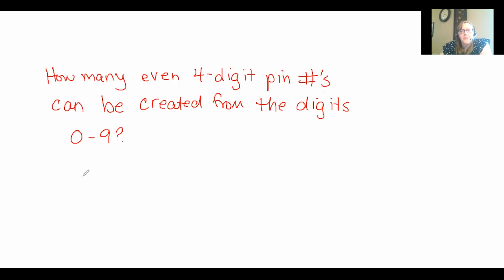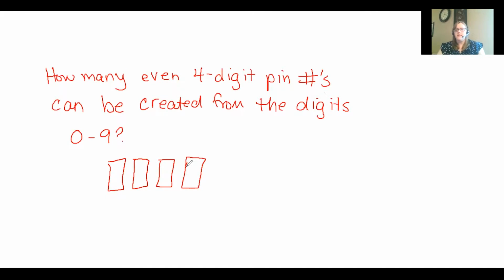All right, so again, we're going to use the fundamental counting principle because it's like we have 4 spots, and each of them have a certain number of outcomes.